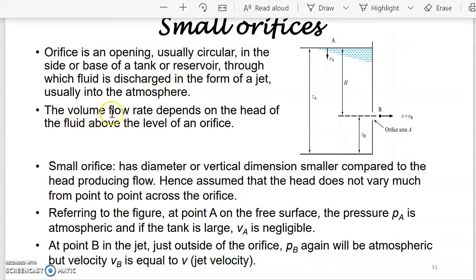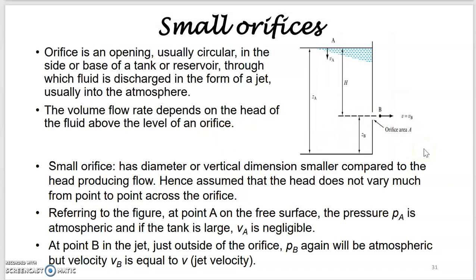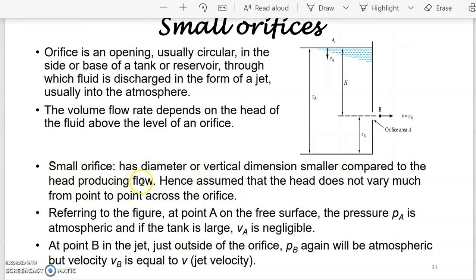And then the volume flow rate depends on the head of the fluid above the level of the orifice. Therefore, the small orifice has a diameter or vertical dimension smaller compared to the head producing flow. Hence, the head does not vary much from point to point across the orifice.